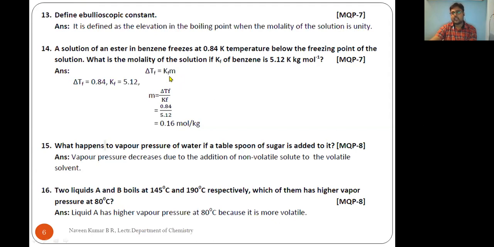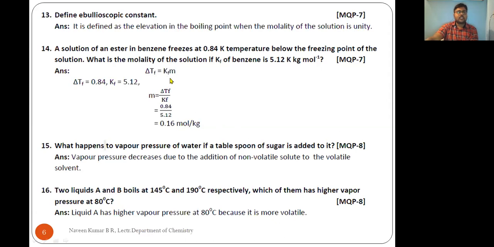Either Kf or Kb can be defined as the respective colligative property when m is equal to 1. Hence, ebullioscopic constant Kb is defined as delta Tb, that is, elevation of boiling point, when the molality of the solute in solution is 1, or m is equal to unity.